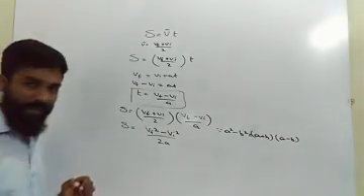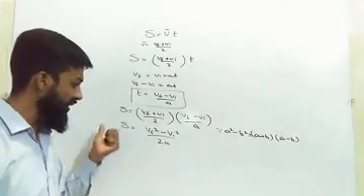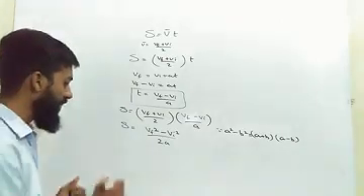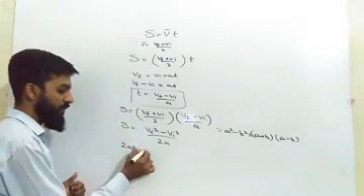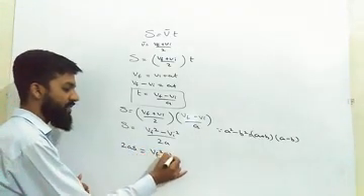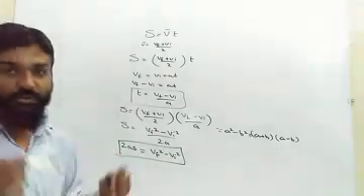When the denominator 2a is shifted to the left hand side, it is multiplied by s: 2as is equal to Vf square minus Vi square. This is our third equation of motion.